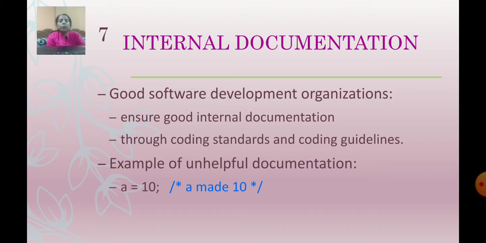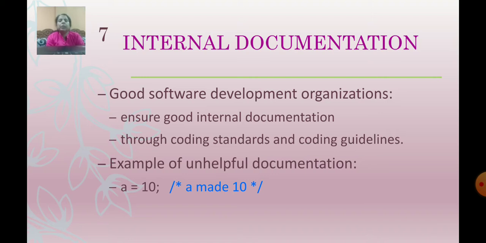Good software development organizations ensure good internal documentation through coding standards and coding guidelines. Here is an example: a = 10, and there is a comment saying "a set to 10", but it is unhelpful documentation.